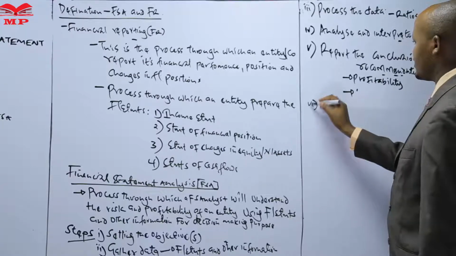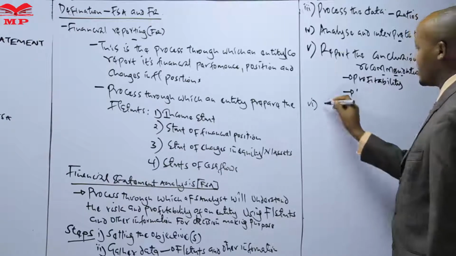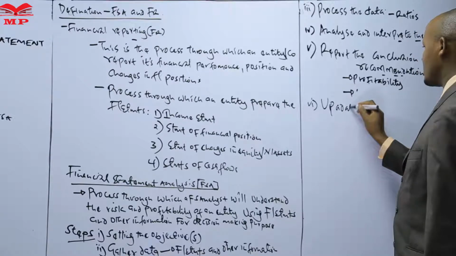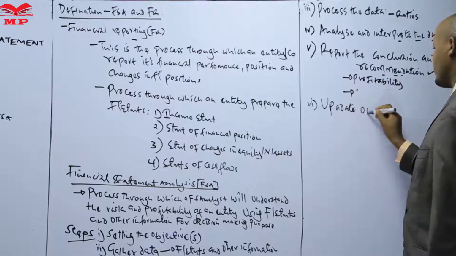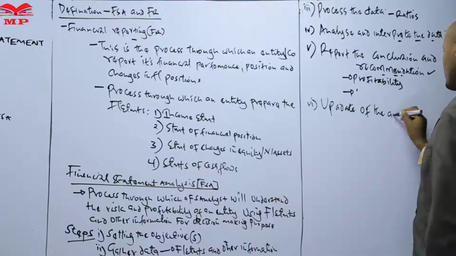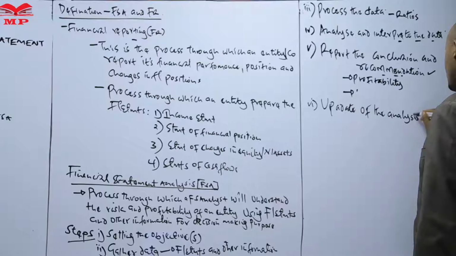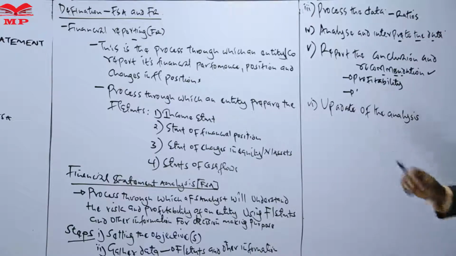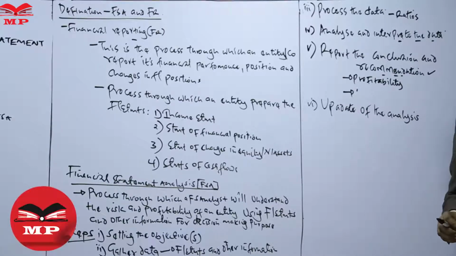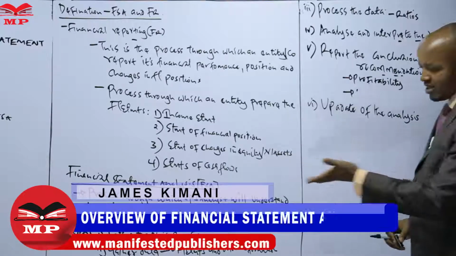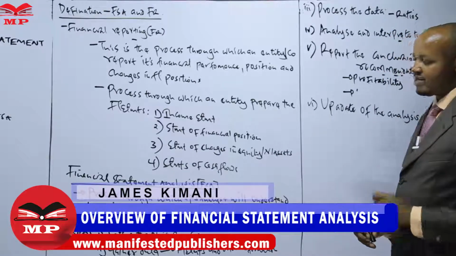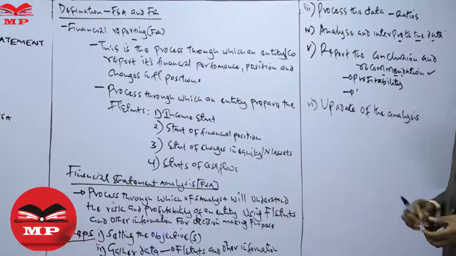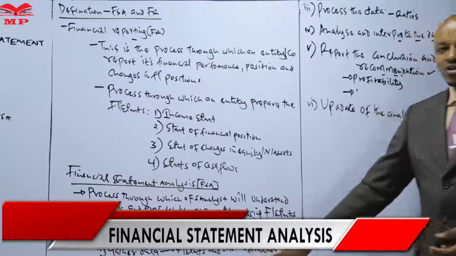Then the last step in financial statement analysis entails updating the analysis. This step will come after the financial statement analyst gets more information, because when the analysis was done, he may not have managed to gather all the data which was supposed to be used in the financial statement analysis.